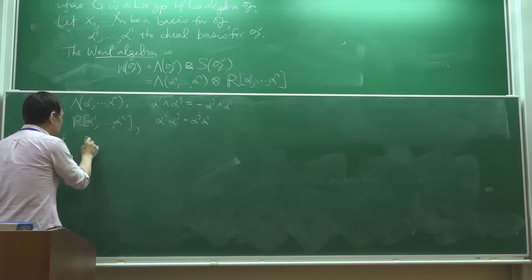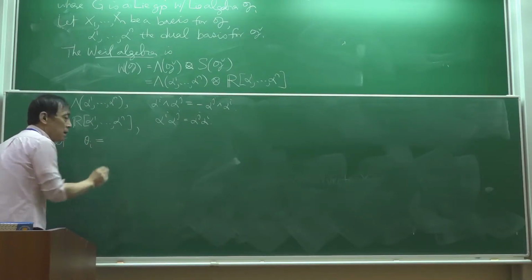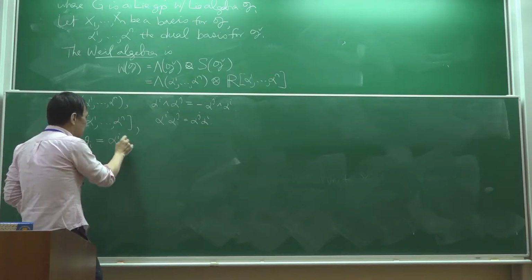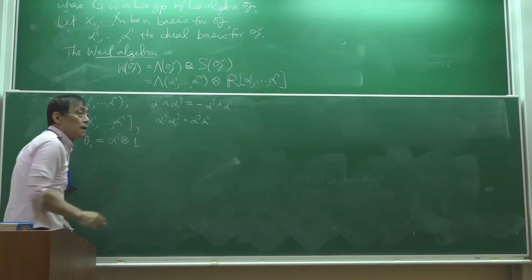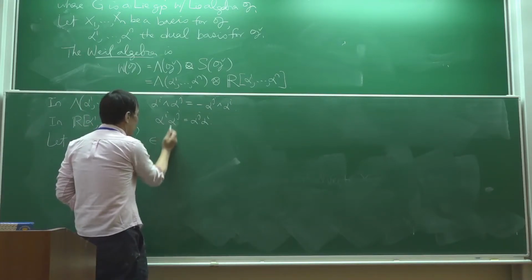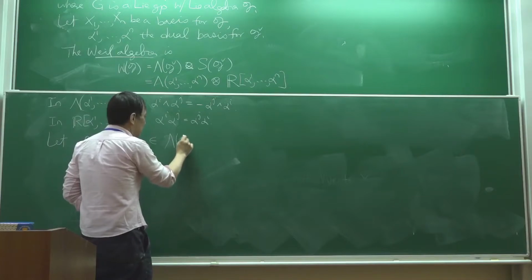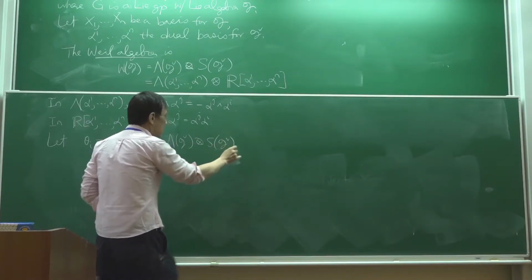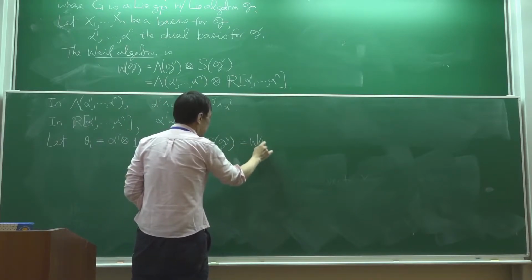Let theta i be alpha i tensor 1 in the exterior algebra tensor with the symmetric algebra, in the Weil algebra.